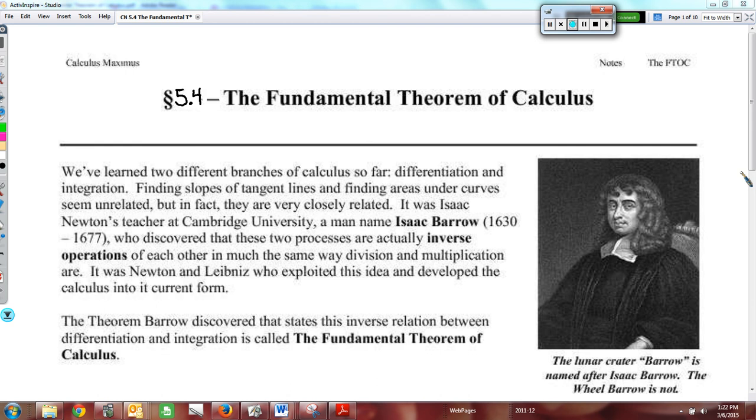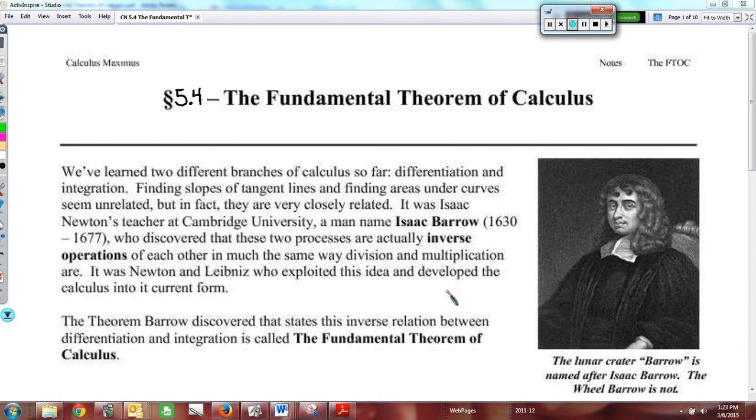And really what happened was these two branches of calculus, differentiation and integration, were developed separately. And it wasn't until Isaac Barrow discovered that these two processes were actually inverse operations of each other.